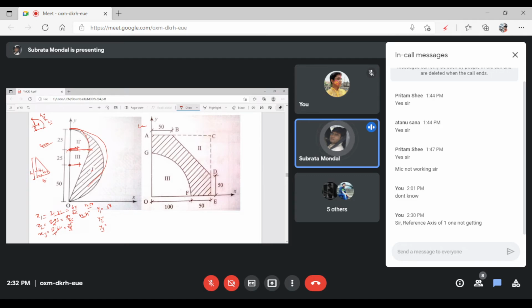From this point the centroid moves 4r by 3 pi, but we are considering from here, so it is 50 plus 25, that is 75, plus 4r by 3 pi. After reaching 75 millimeters, you can calculate the other 4r by 3 pi part.